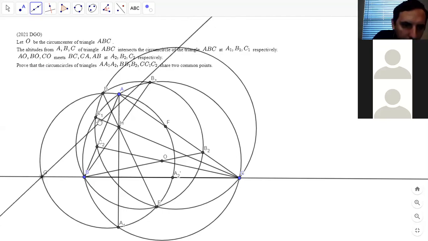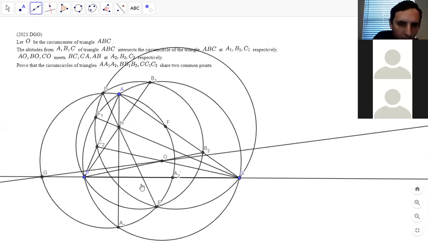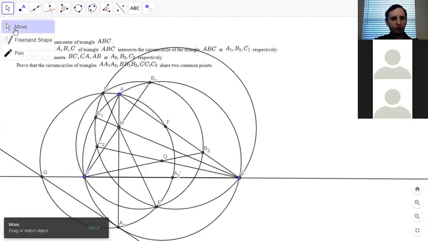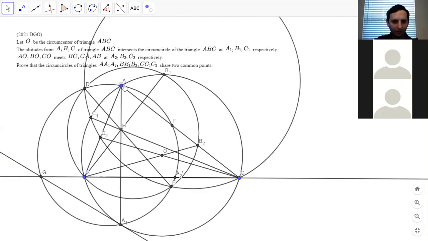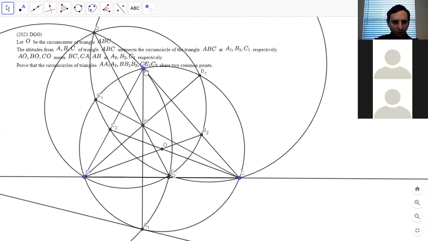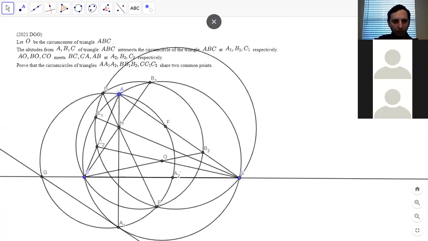Oh, maybe, let's see. Yeah, it doesn't look like it. I don't know if GA1 is tangent or that's just a coincidence. Oh, it kind of looks like that. Yeah, it looks a little like GA1 is tangent to the circle. Interesting. So maybe that will help. I'm going to try to use that fact.